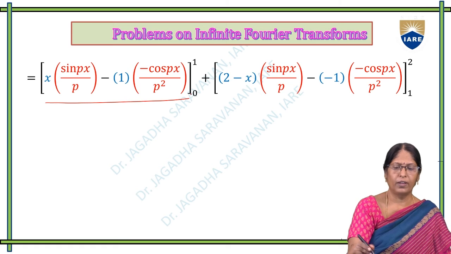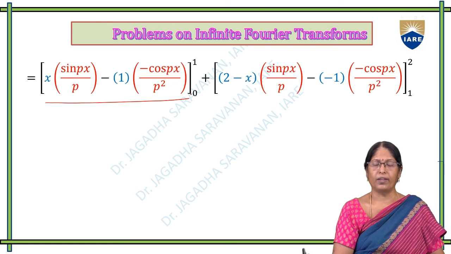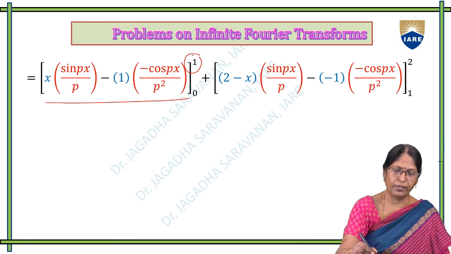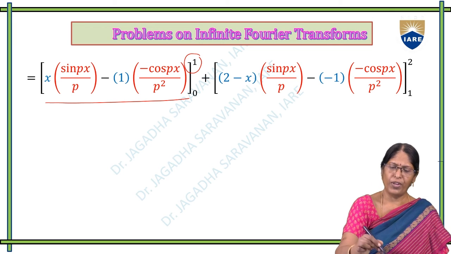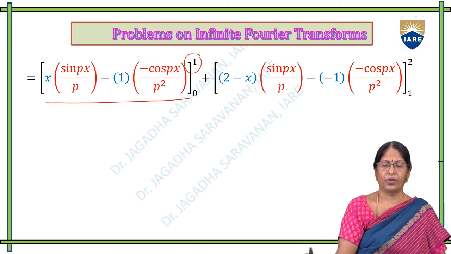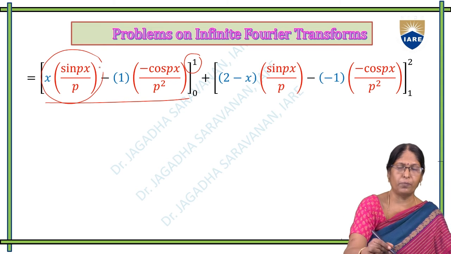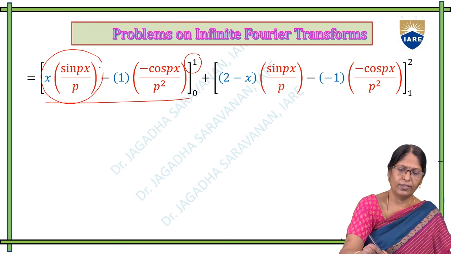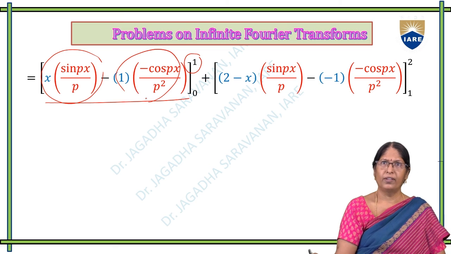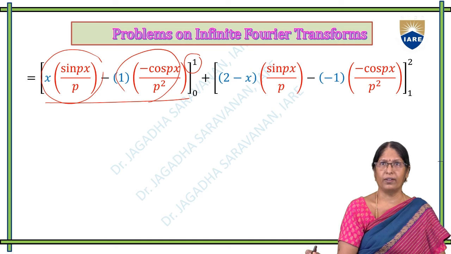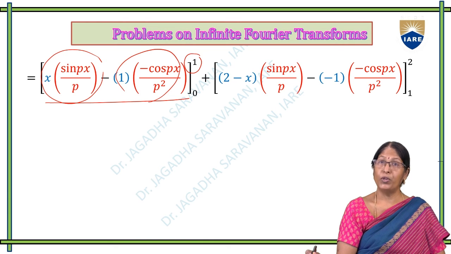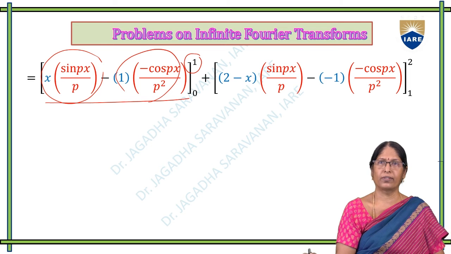So here, before substituting the upper limit, that is 1, we have to make the terms. Here the first term is there. Here the second term is there. The terms should have a single sign. The simplifications are to be done. We need not give room for committing mistakes.